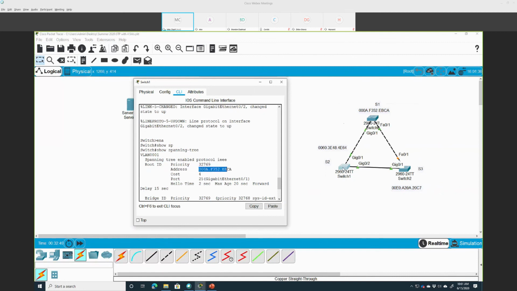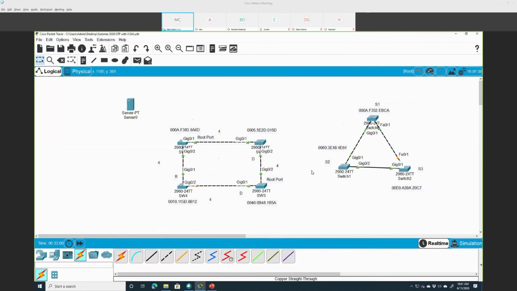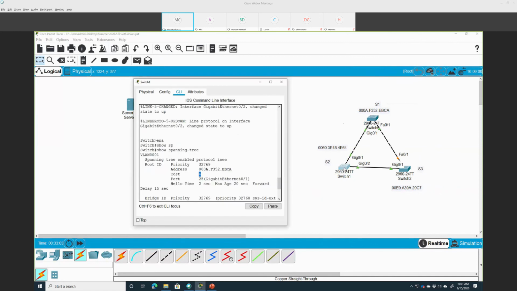Now I am in this switch here. Notice over here it has a cost. If S2 were really the root bridge, there would be no cost. What it's telling me is that to reach the root bridge is going to cost you 4, which is this link here because it's a gigabit.